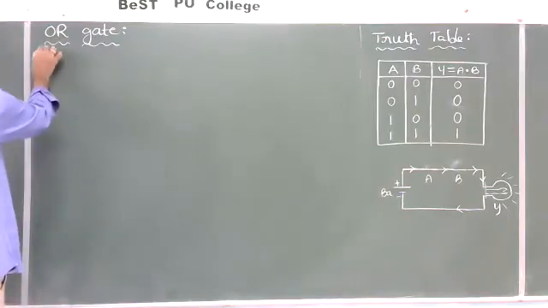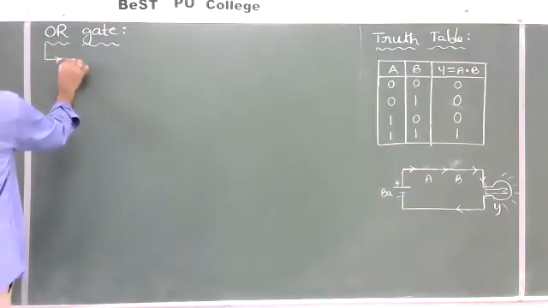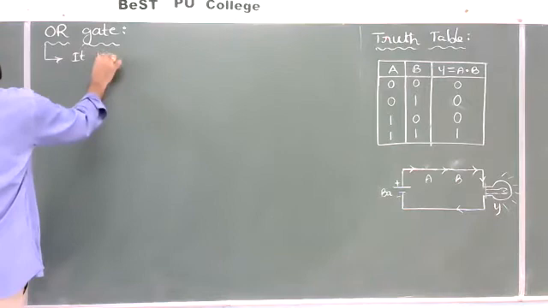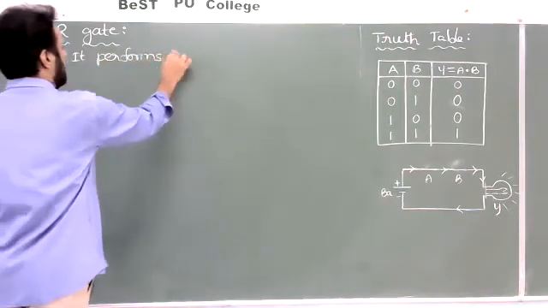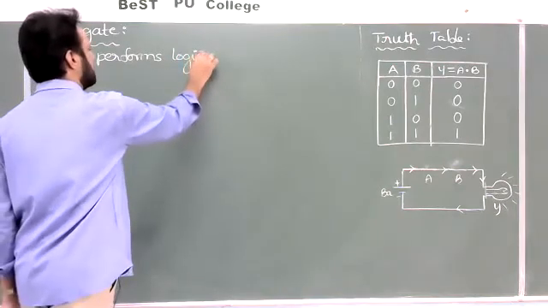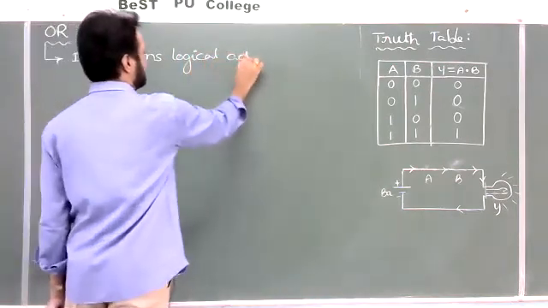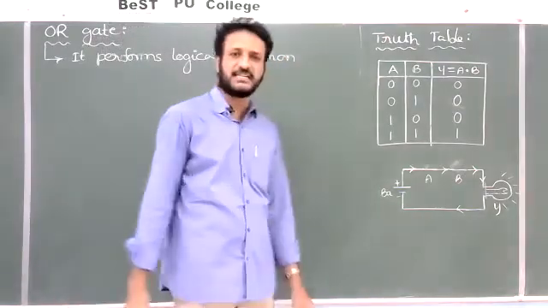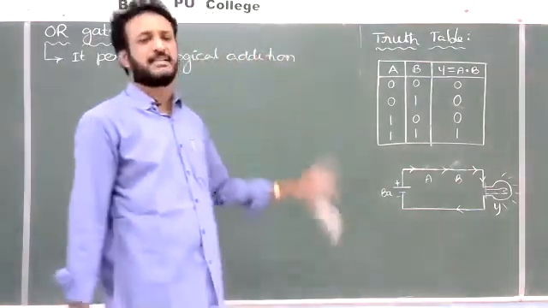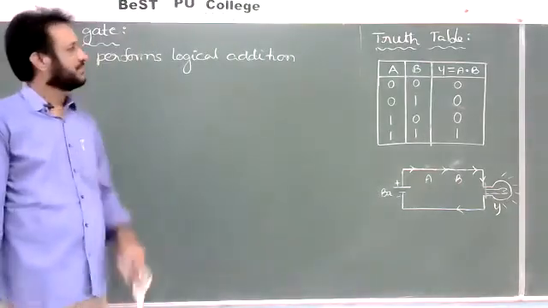The OR gate performs logical addition, whereas the AND gate performs logical multiplication.